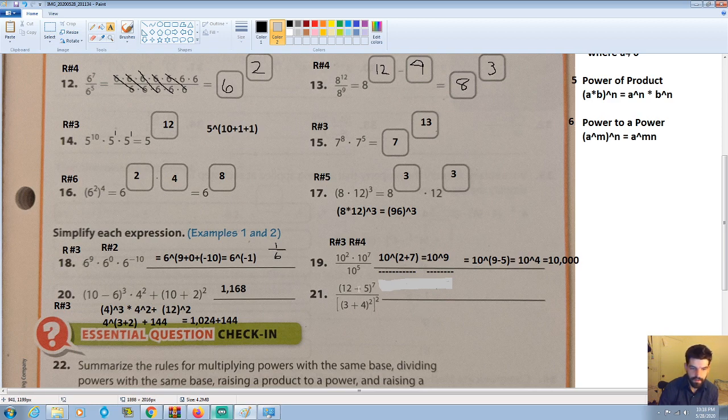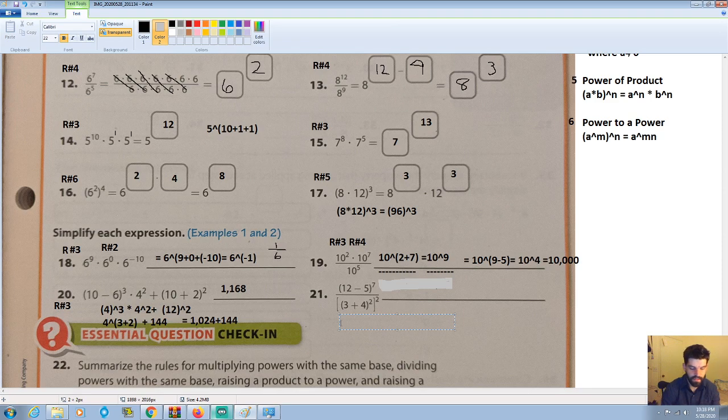So this next one here is going to be using rule number 6. This is going to be in the denominator. You're going to see that there's a power taken to a power. That's going to be rule number 6 here.